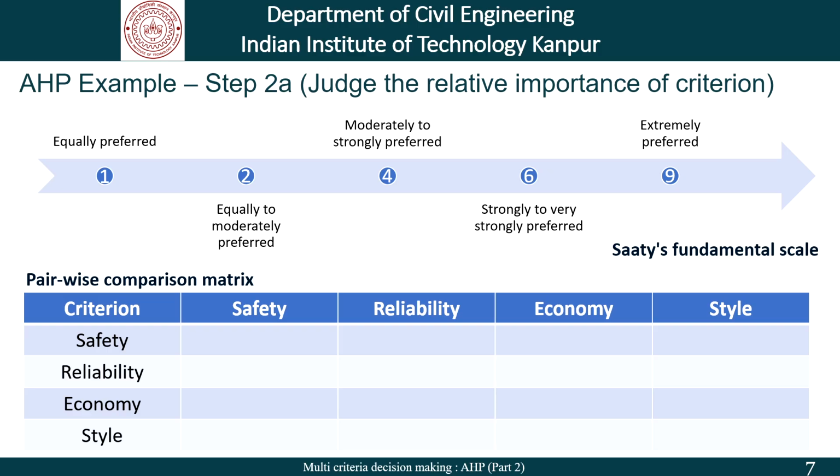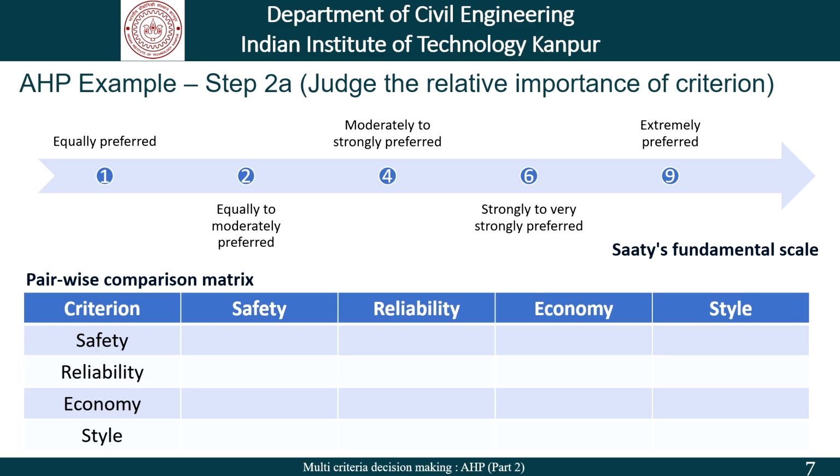We can compare safety in comparison to reliability and say how much safety is preferred over reliability. If they are equally preferred, we assign a value of 1. If one of them is extremely preferred over another, then we assign a value of 9.